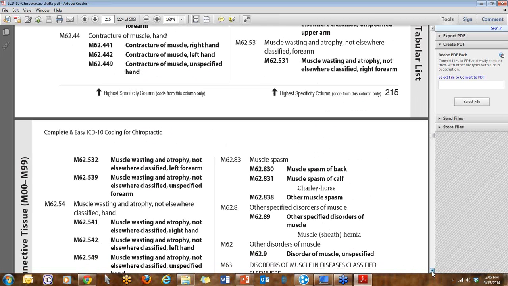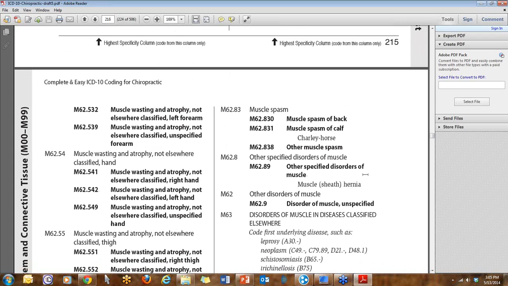Okay, here's the one that you want to pay close attention to. So right now, the two main soft tissue diagnoses we use are 728.85. As long as you have muscle spasm in your documentation, you're good to use that diagnosis. So we have muscle spasm of the back. This is going to be of the thoracic or the lumbar.